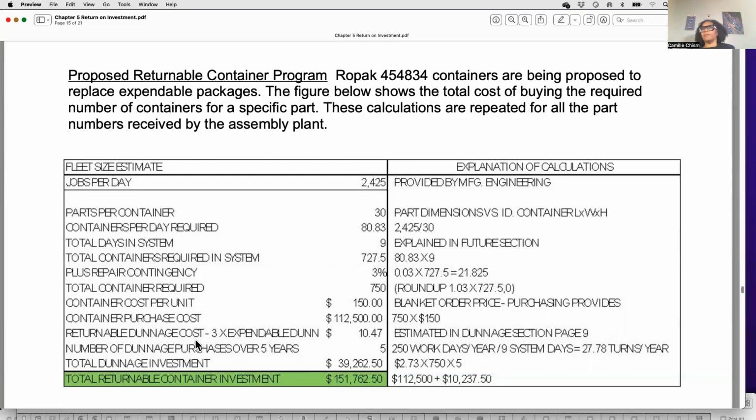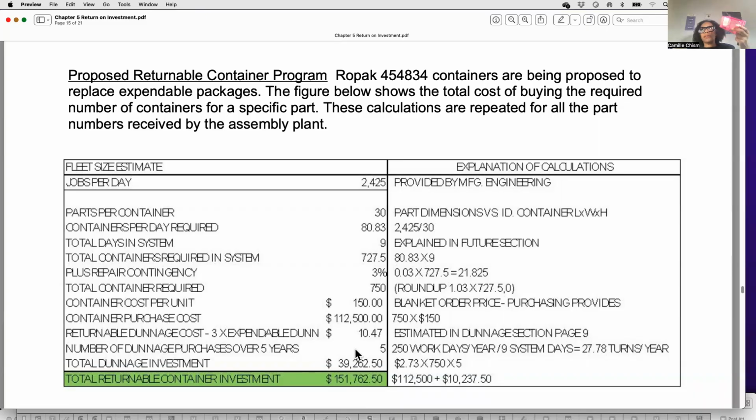This is their returnable dunnage cost, 3 times expendable dunnage. So for example, let's say they want to use some dunnage to go in here. Maybe they're going to use a corrugated insert. That would be an example of expendable dunnage, right?